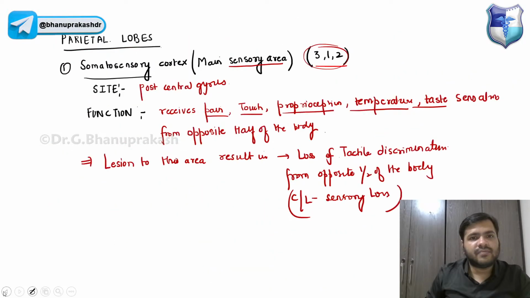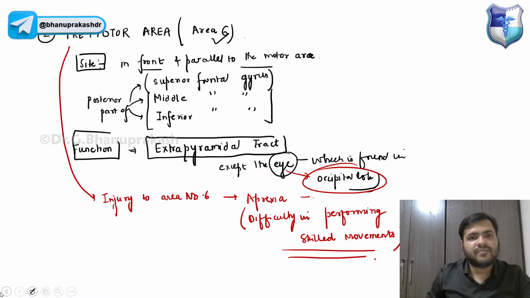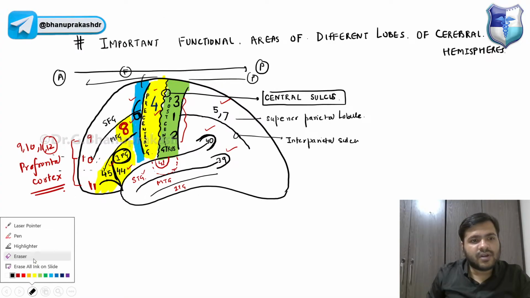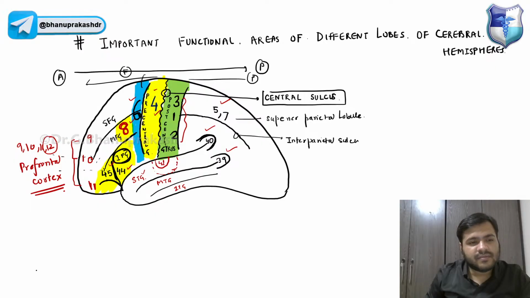Let us try to locate this. Not around this 41, it is 41 and 42 combined. Let me erase this and tell you. 41 and 42 are in the same gyrus, that is Heschl's gyrus, and surrounding this primary auditory cortex we have area number 22.